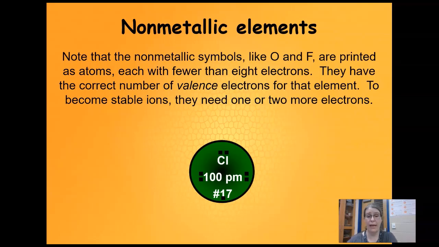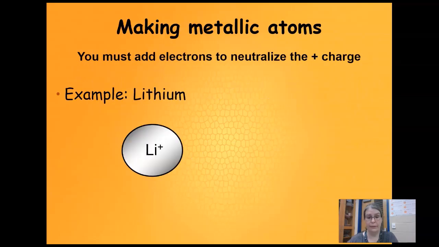Chlorine is in group 7A. It should have 7 valence electrons, and you can see that there are 7 black dots around the rim of this atom. In order to become an ion, chlorine needs to gain an electron, because then it will have 18 electrons like argon. So in order to do this, we need to turn our ions into atoms so we can make a compound. And that means we need to add an electron to our positive metal ions.